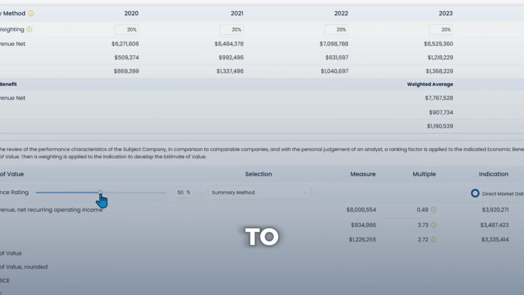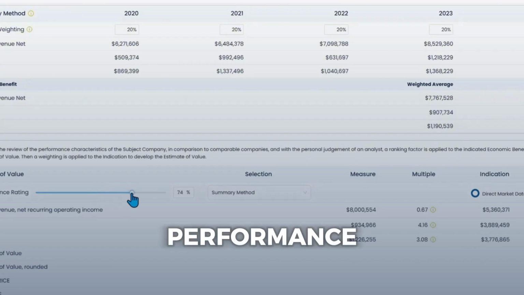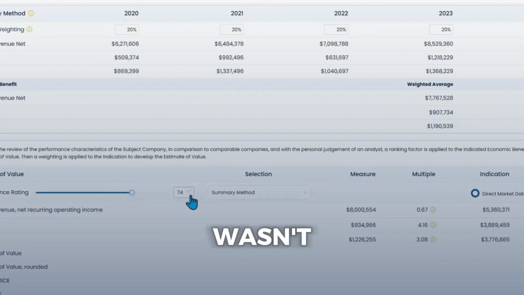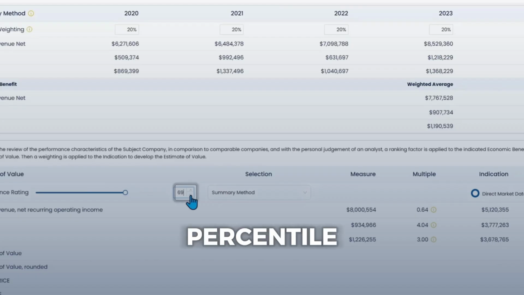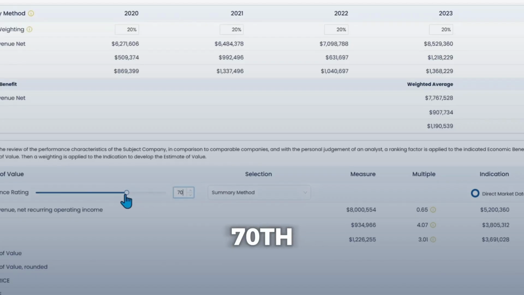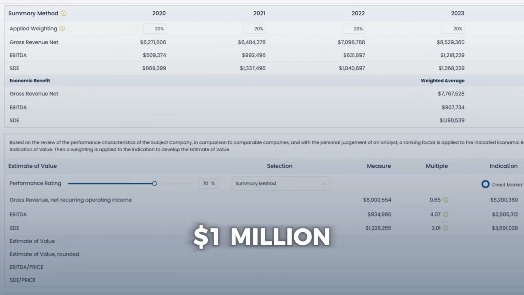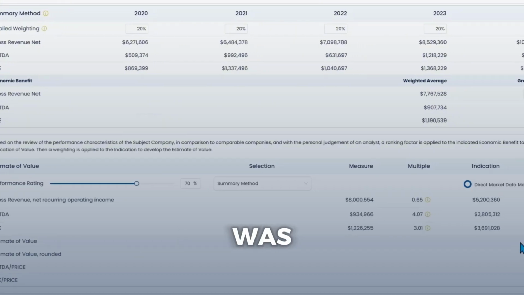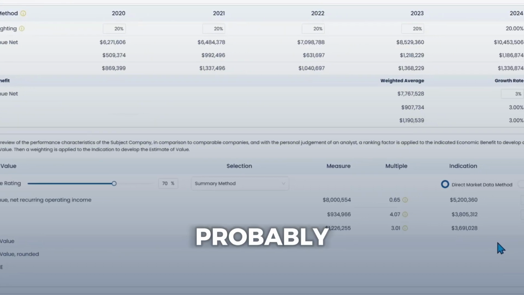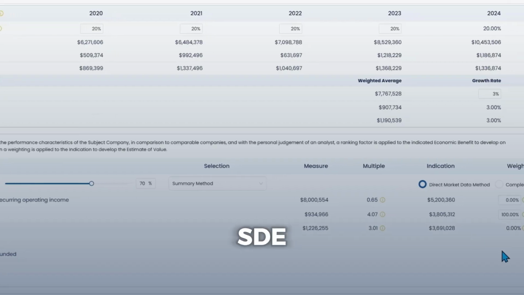I may want to move this performance rating to reflect it wasn't quite at that 75th percentile. Maybe we'll call it at that 70th percentile. And let's say that we are pricing this deal on EBITDA because it is larger. If the company was worth perhaps $1 million, I might price it on EBITDA. If the value indication was less than $1 million, I'd probably price that by a weighting on SDE.